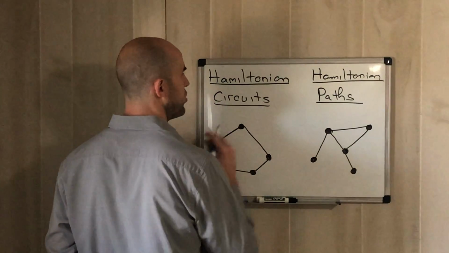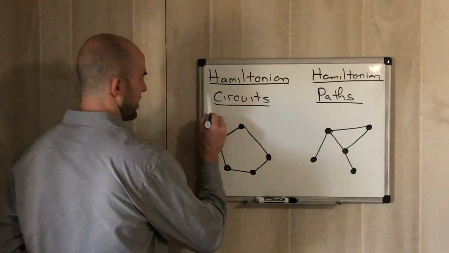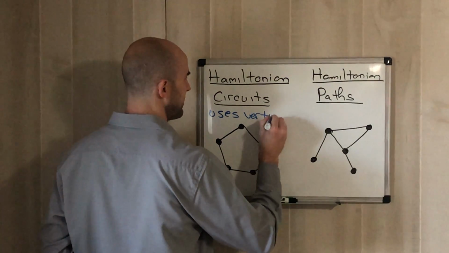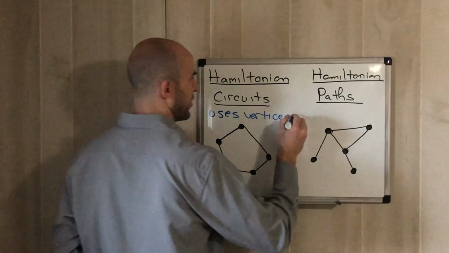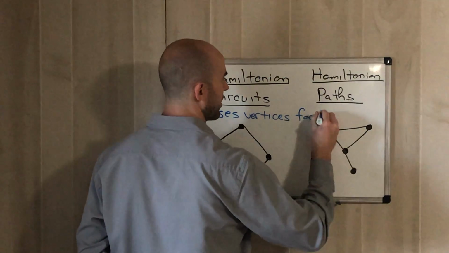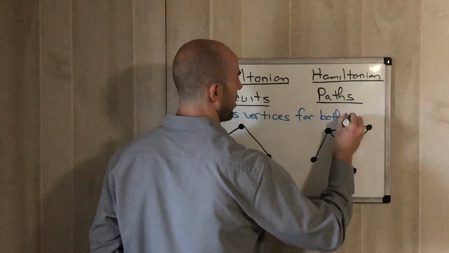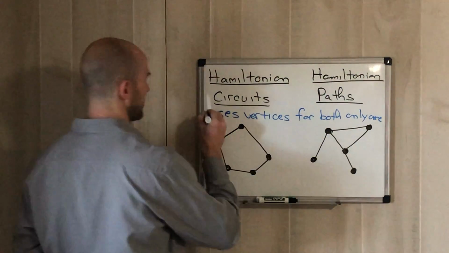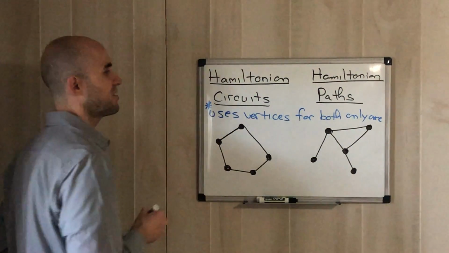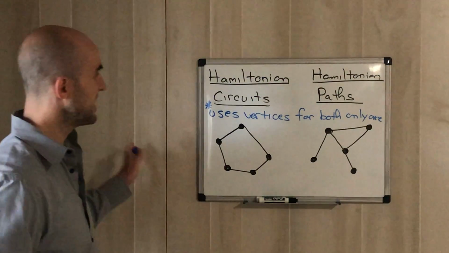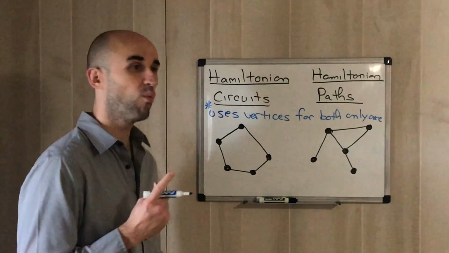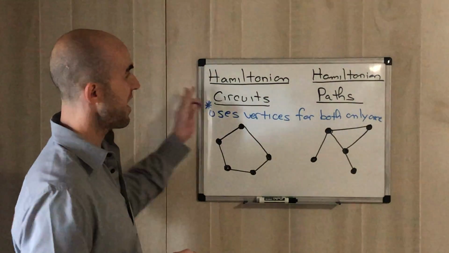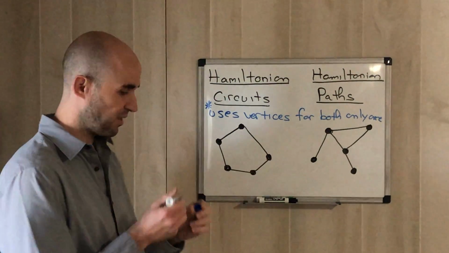Each one uses vertices only once, for both. All it is, guys, whether it's a Hamiltonian circuit or a Hamiltonian path, it's going to use vertices only once. That's it. You can't ever repeat a vertex. That's why I wrote it across, because it applies to both.